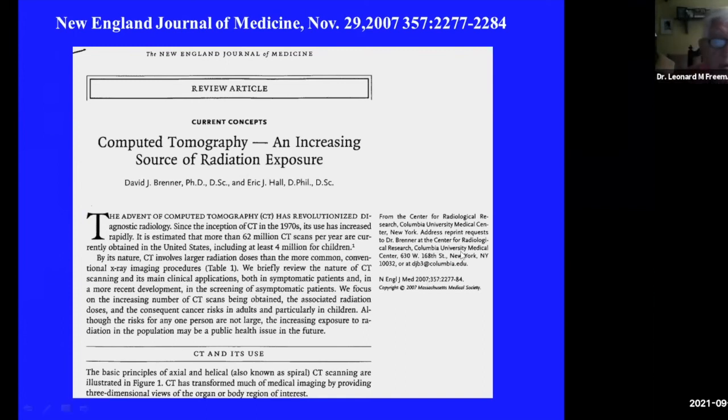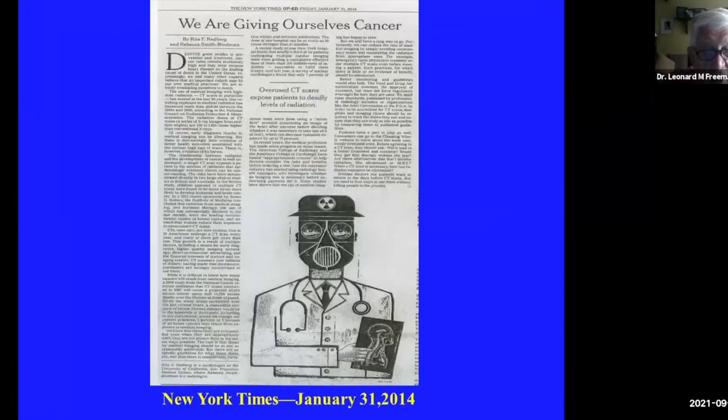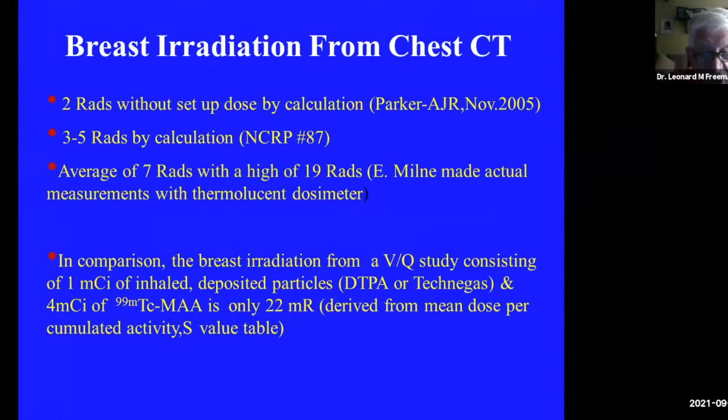The manufacturers have made major strides actually in keeping that down, but this has been a problem for many, many years. I'm going to skip through the dosimetric stuff right away because I don't think we have time for it, but the breast irradiation has been a major problem.